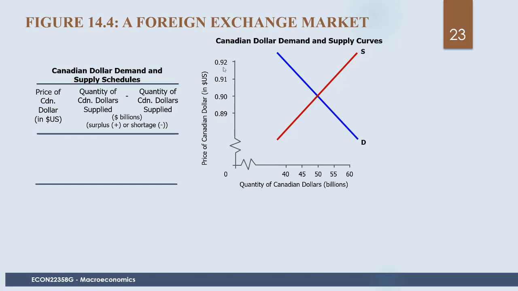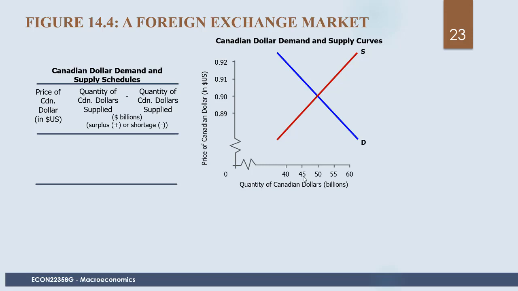The higher this is, the less quantity of Canadian dollars would be demanded by people who would want to buy our exports. On the other hand, the more our currency appreciates, the more we would want to buy imports. We can think of shopping on eBay from people selling from the US. When that price gets converted into Canadian dollars, it's going to be better for us if our currency is appreciating.